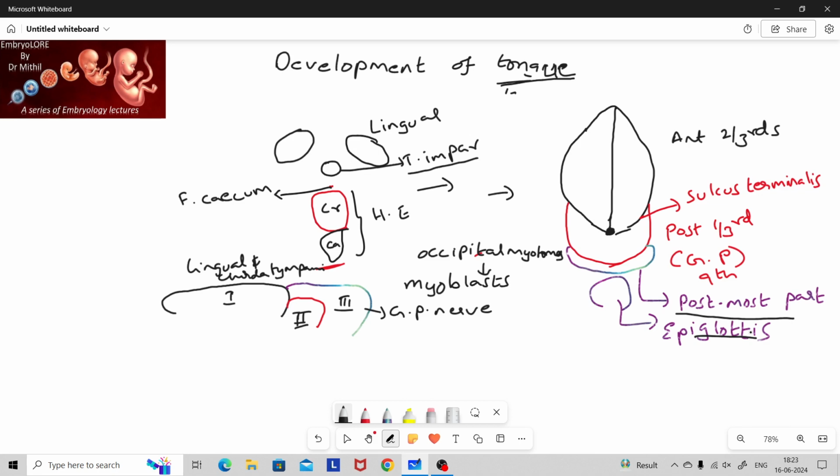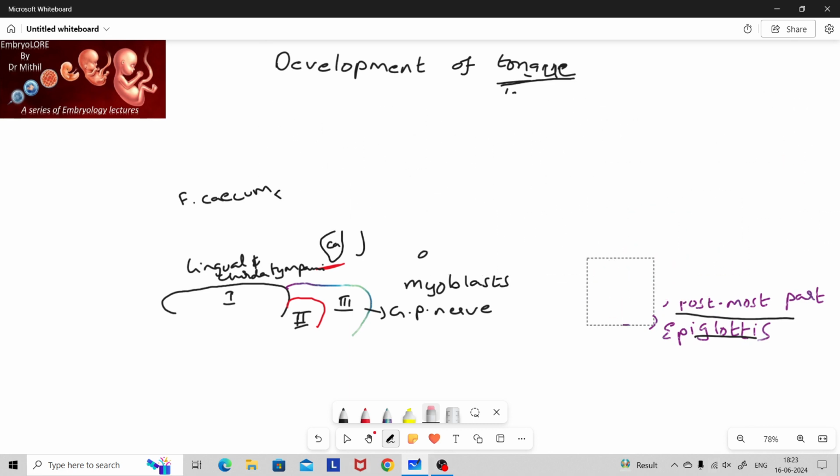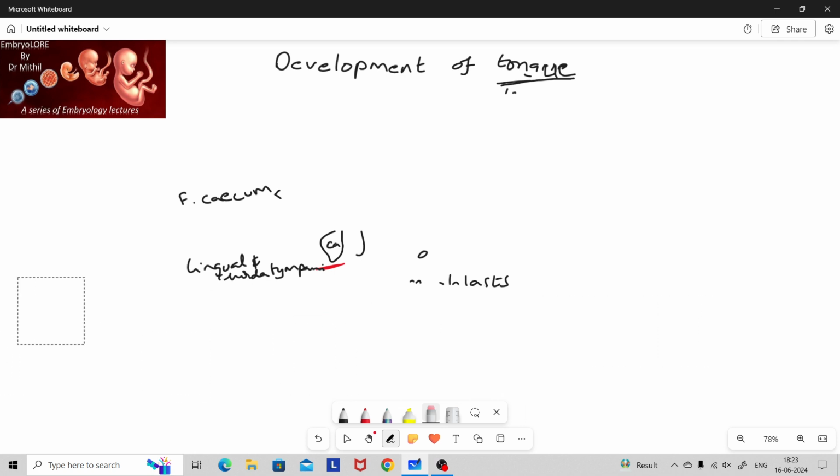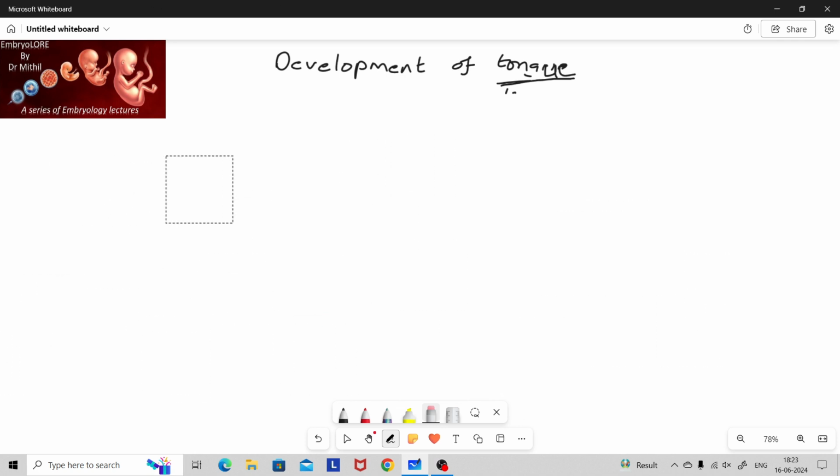Okay, so this is the description of the development of the tongue. And now it will usually be followed by the anomalies of the tongue. Basically there are many types of anomalies.